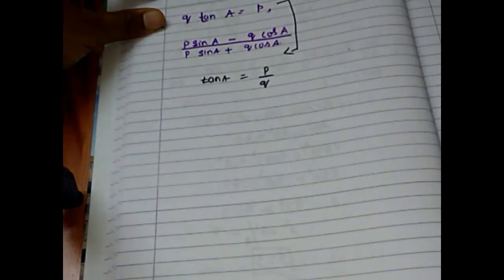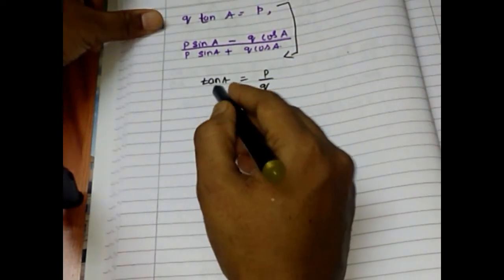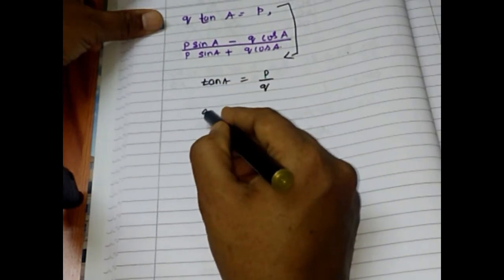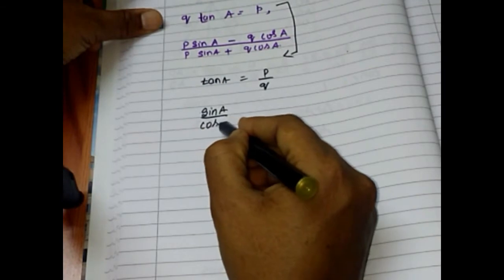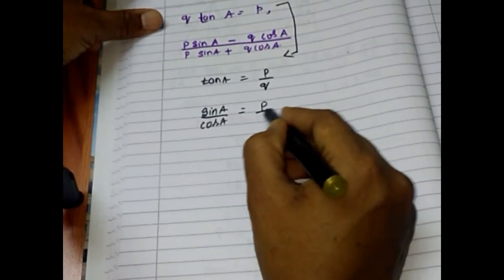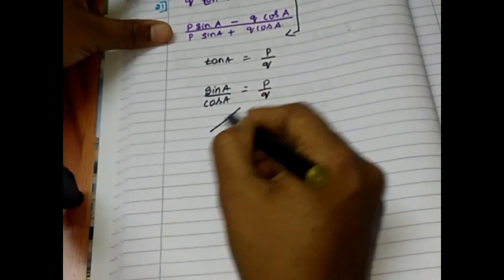Now as soon as we look at this, we know that there is a relation between tan to cos and sin. So hence tan A, let me write it as sin A by cos A is equal to P by Q. So with this I can get two results.